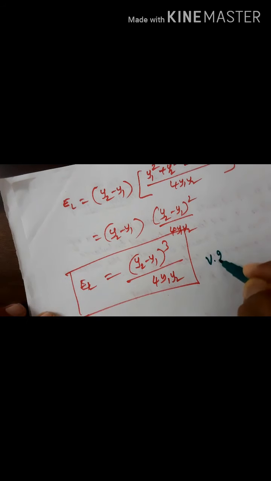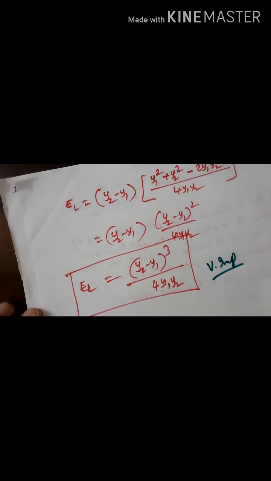Then if you further simplify, you will get y2 minus y1 divided by 4y1 y2. This is the expression for energy loss in a channel. So this is a very important expression for the examination point of view.